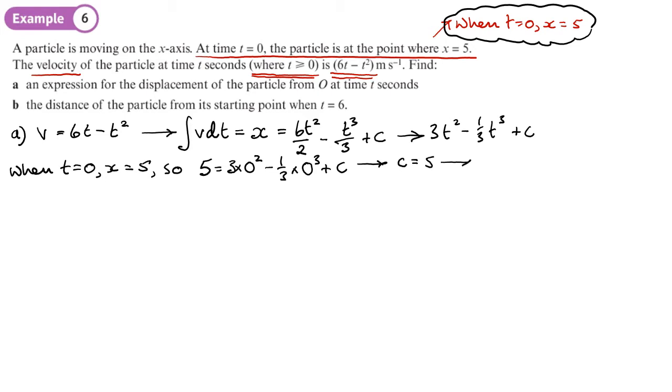So our full expression is going to be x equals 3t squared minus a third t cubed plus 5.